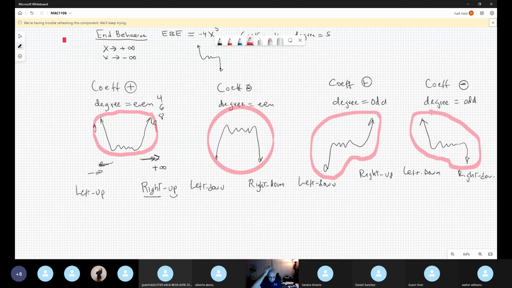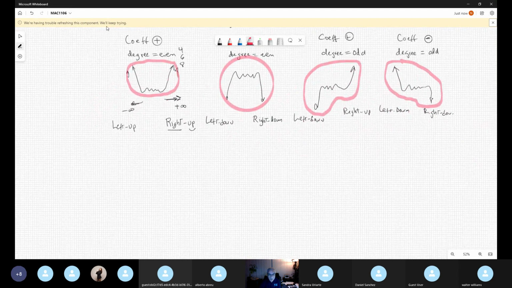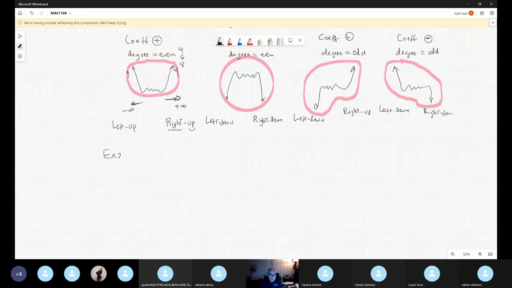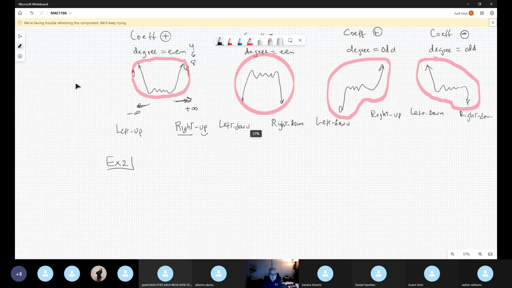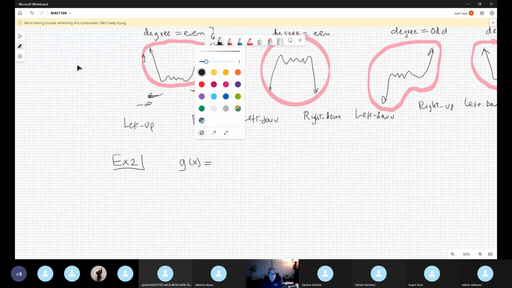I have another example. This is tricky. Look, this is example 2, because example 1 was the first I did. Example 2: suppose the function g is a polynomial, but unfortunately somebody did the factorization of this.